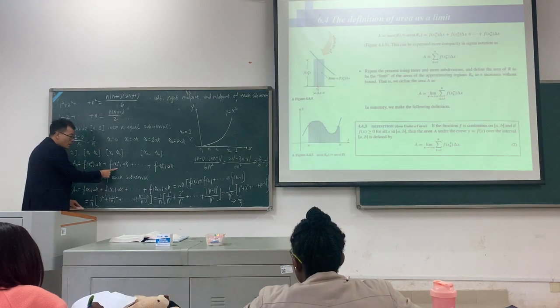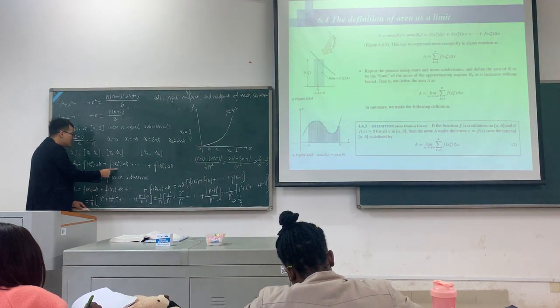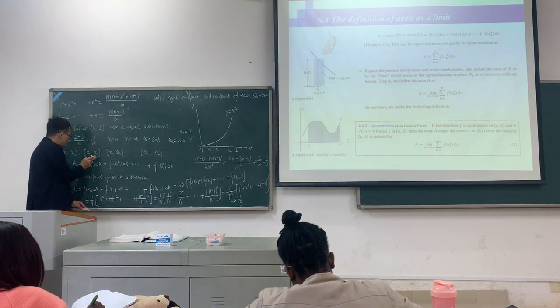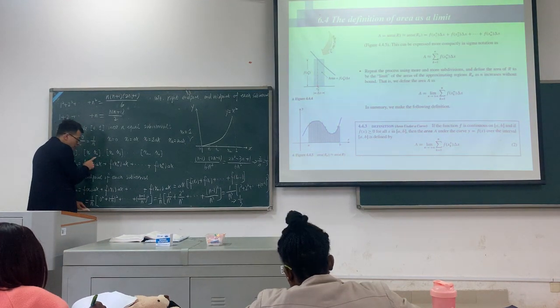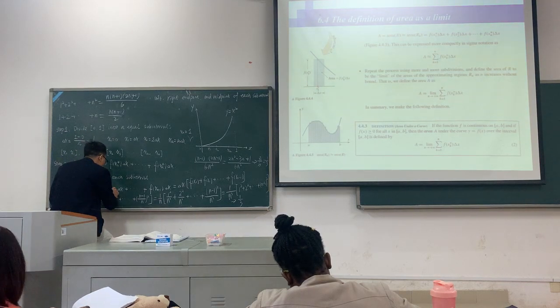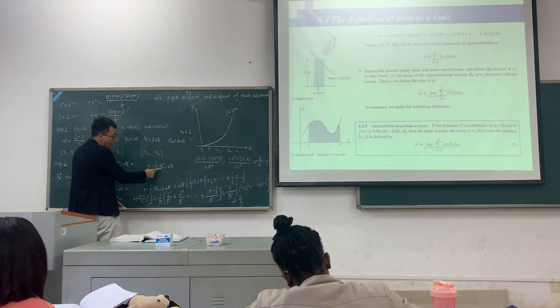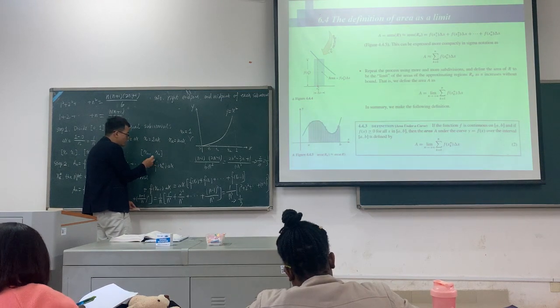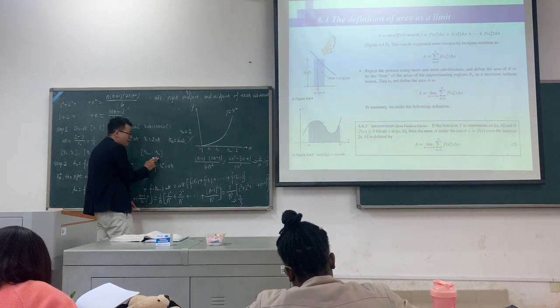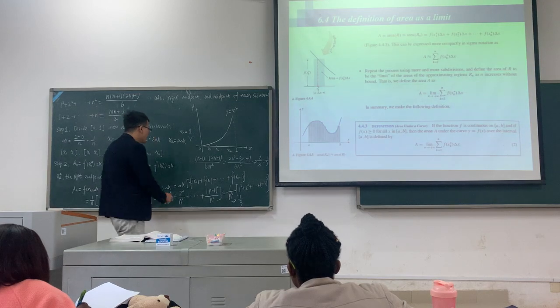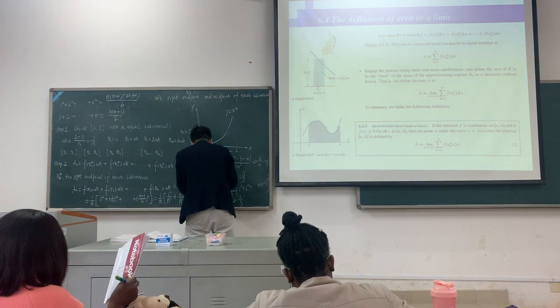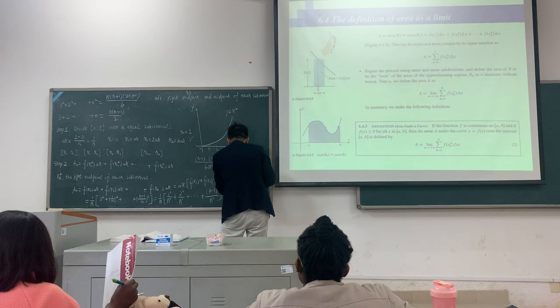And x2 star takes the right endpoint of the second interval, okay? So x2 star takes x2. So go on. Here xn star takes the right endpoint of this sub-interval, so xn star takes xn, yeah? So here is x1, here is x2, here is xn.